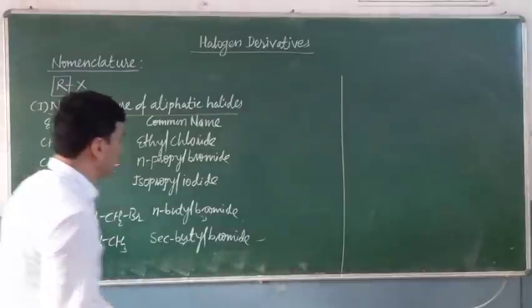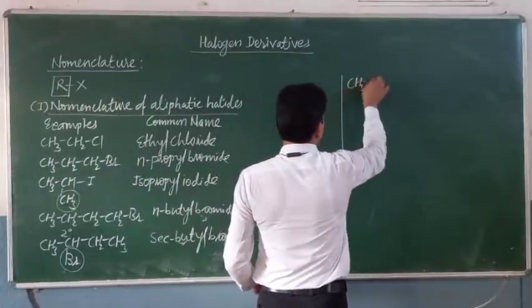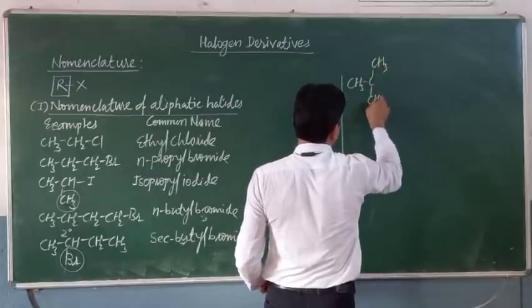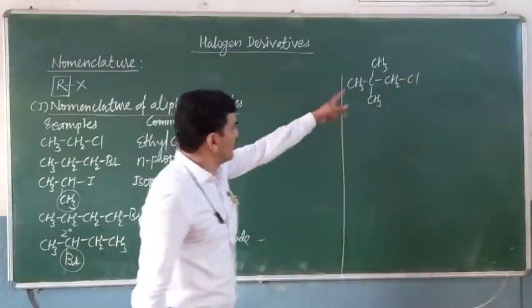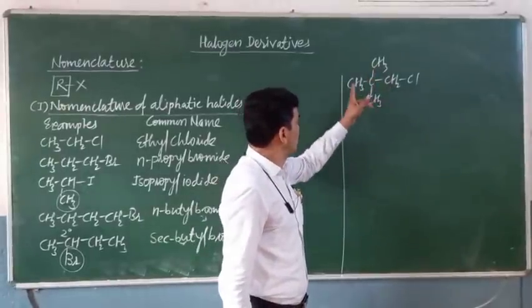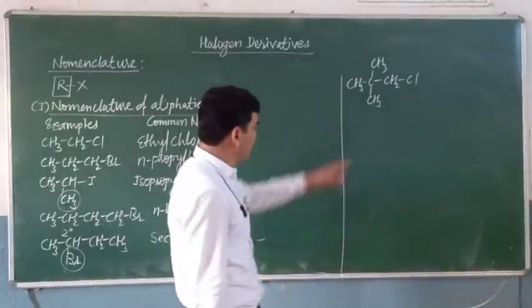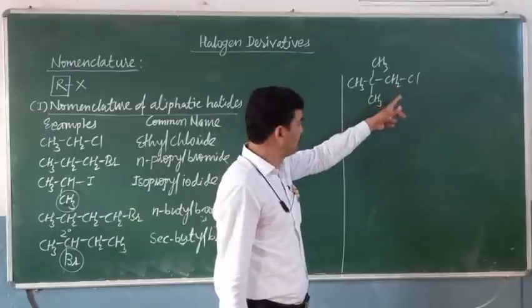Then this is the hydrocarbon chain, CH3C(CH3)2CH2Cl. It contains 5 carbon atoms, 1 2 3 4 5, and therefore it is a pentyl group. The name of the hydrocarbon part is pentyl.